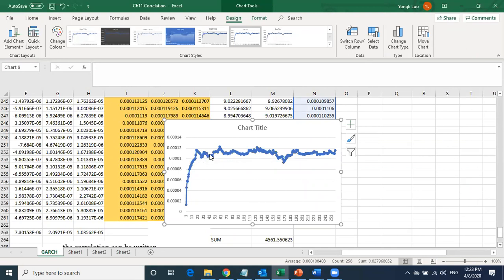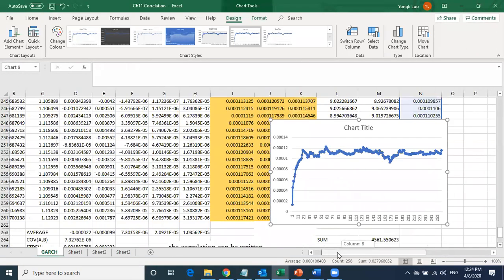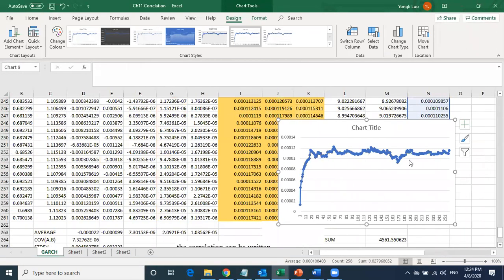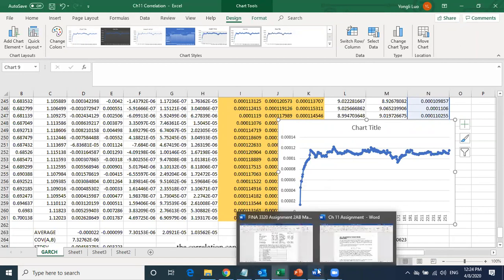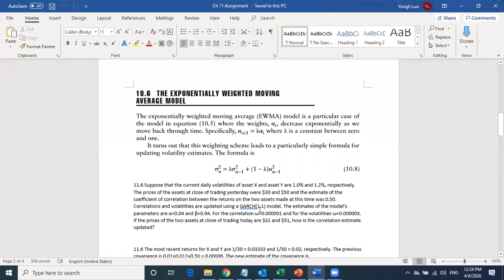As time goes, there is a dynamic change. It's not only one correlation. This is what we call dynamic changes of the correlation between two assets, estimated by the GARCH 1,1 model. Okay, now I'll go back to the assignment.